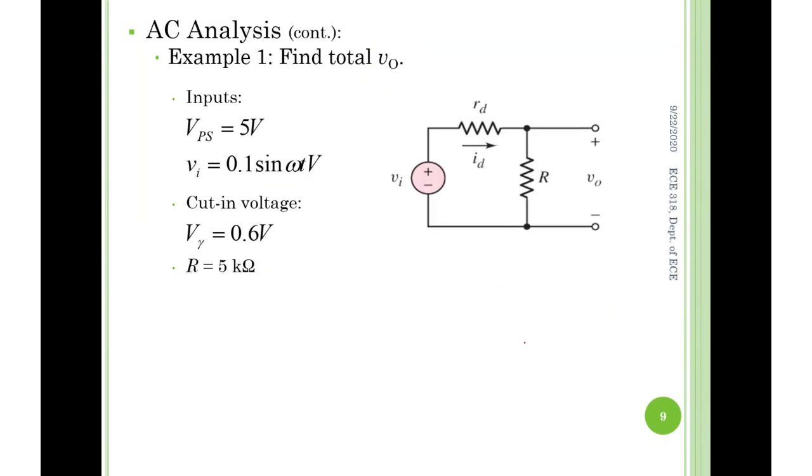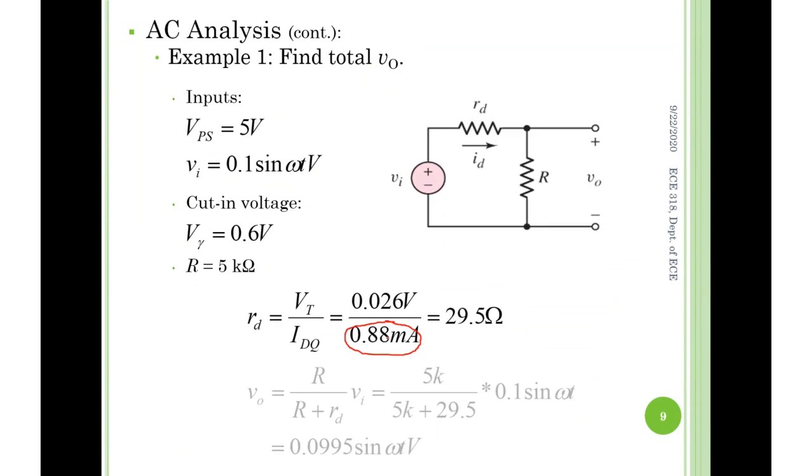The AC circuit. Now you see, we are applying this DC IDQ, and we end up with 29.5 ohm. With this resistor, V naught is actually a voltage divider. A little bit tricky here: 29.5 ohm compared to 5 kilo ohm is nothing, so the 5 kilo ohm pretty much occupies almost every single volt out of the AC source.